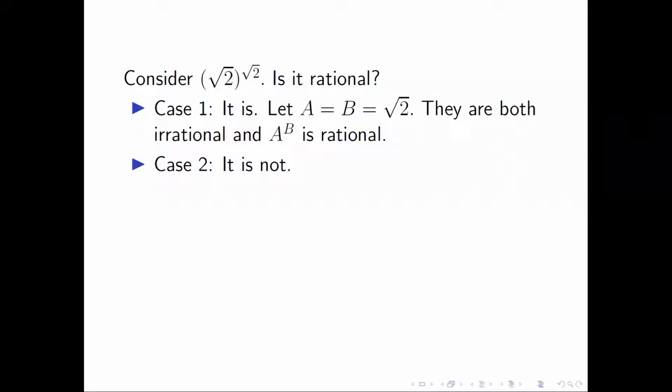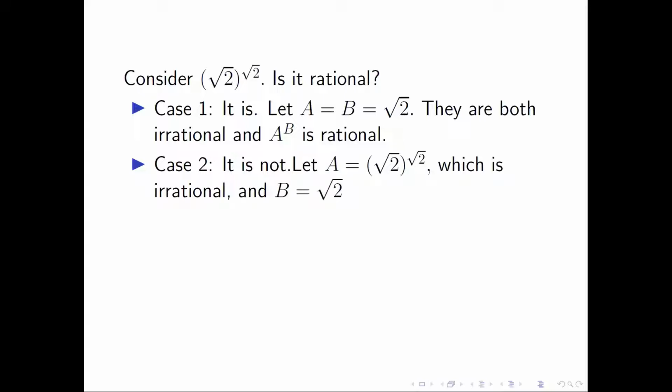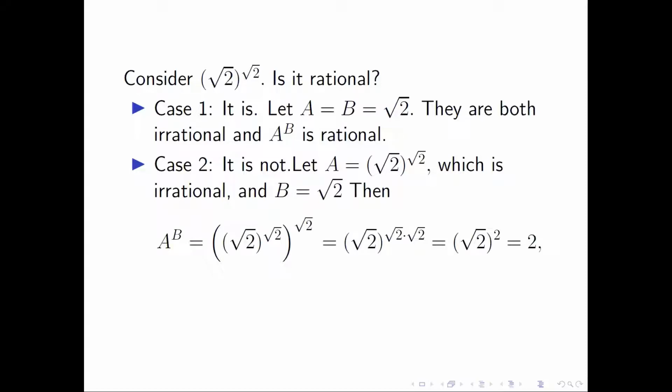Case 2, it is not rational. In this case, we define A as this irrational number, and B is simply square root of 2, also irrational. We calculate A to the power B, plug in the numbers, simplify them.